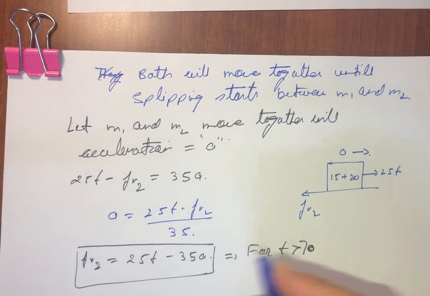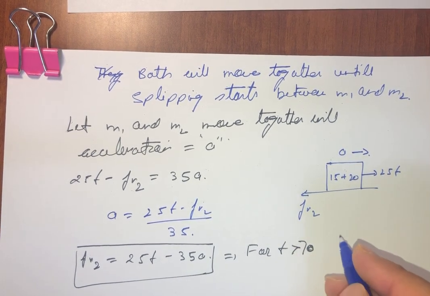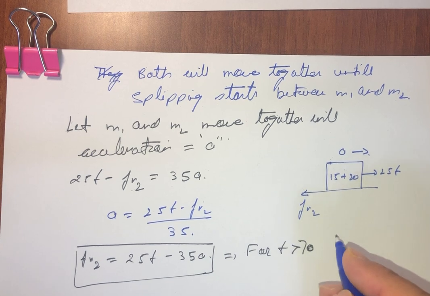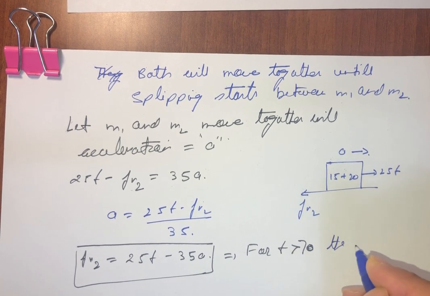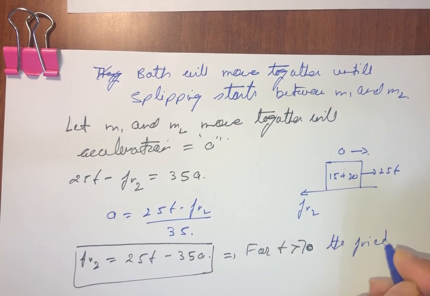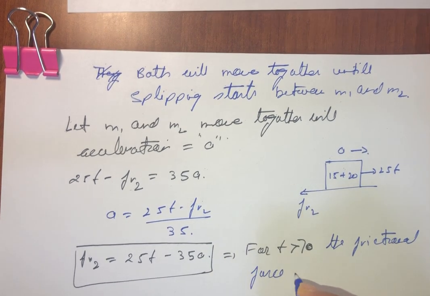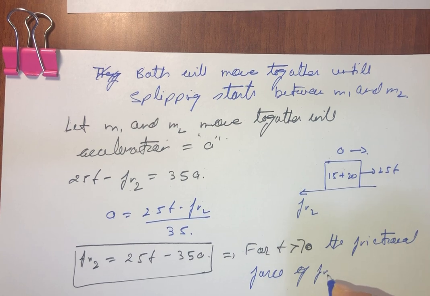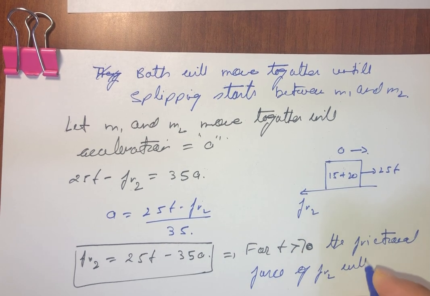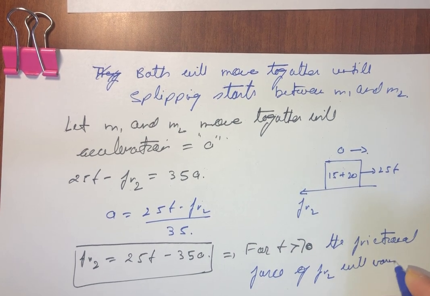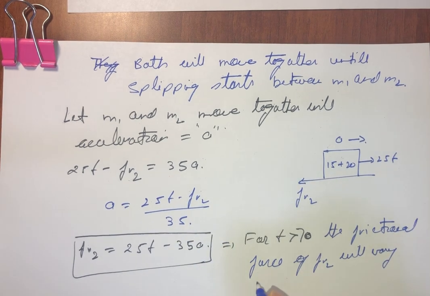So for t greater than 7, the frictional force FR2 will vary as per this equation.